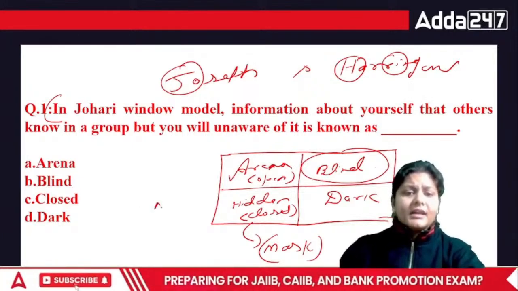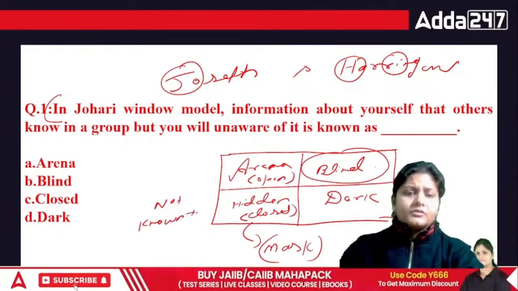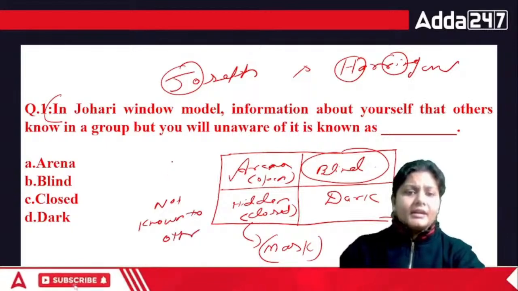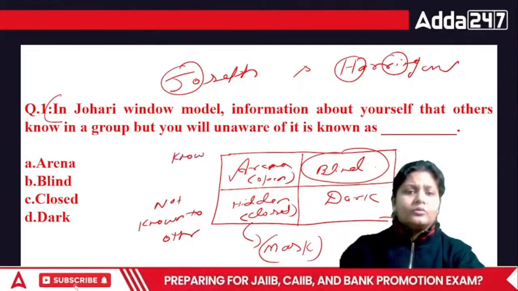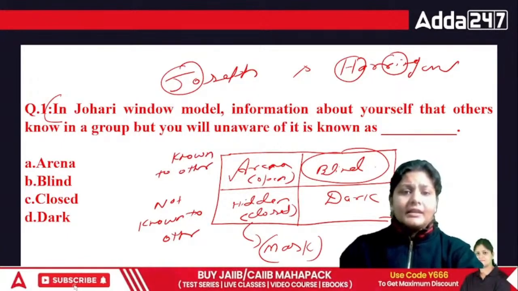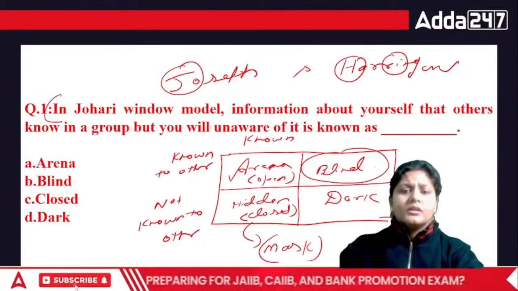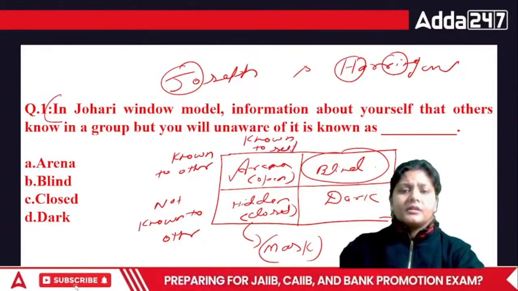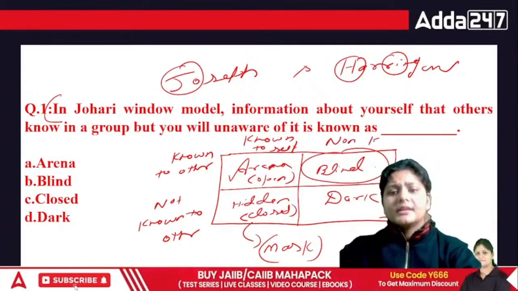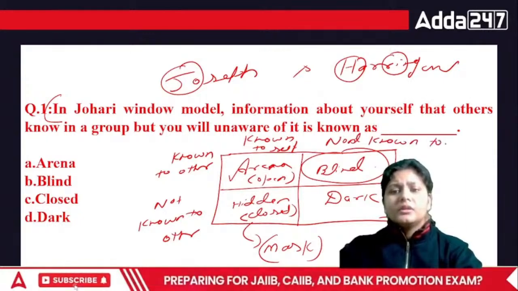This is the area of not known to other, and this is the area which is known to other. And the first area is known to self, and the second area is not known to self.